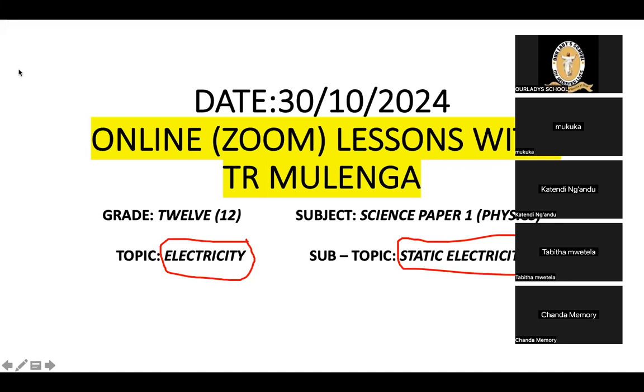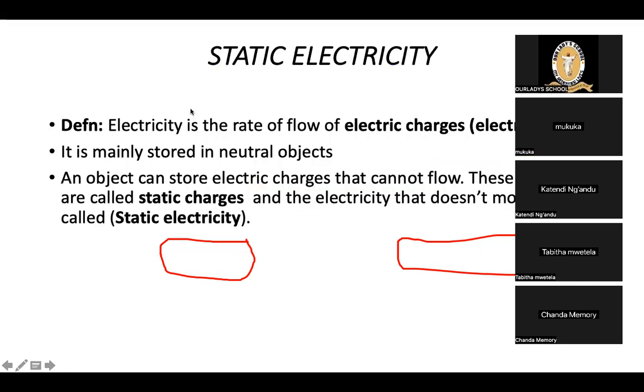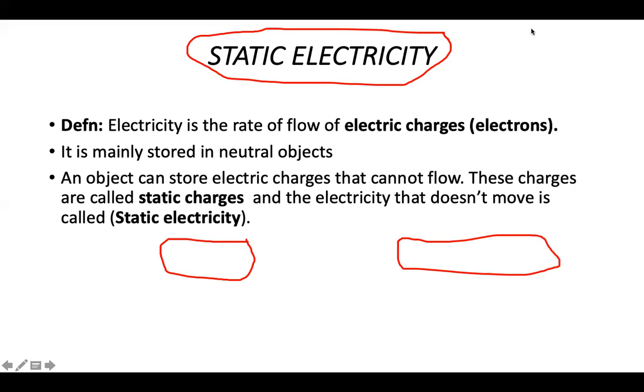So what is this other component of electricity that does not move, which maybe we are hearing for the very first time? This form of electricity is called static electricity. What is something static? It's something that is immobile, something which is not moving.